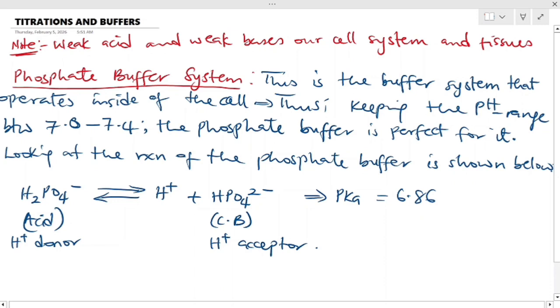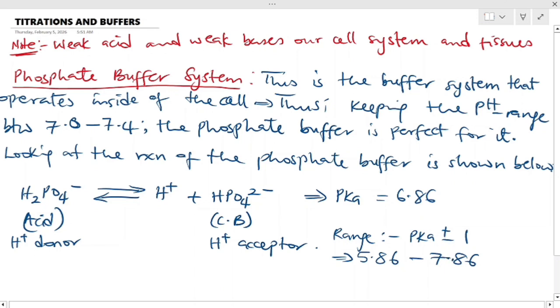So because it operates at this pKa, the buffering region will give a range of pKa plus or minus 1, and that gives you a range of 5.86 to what? 7.86.